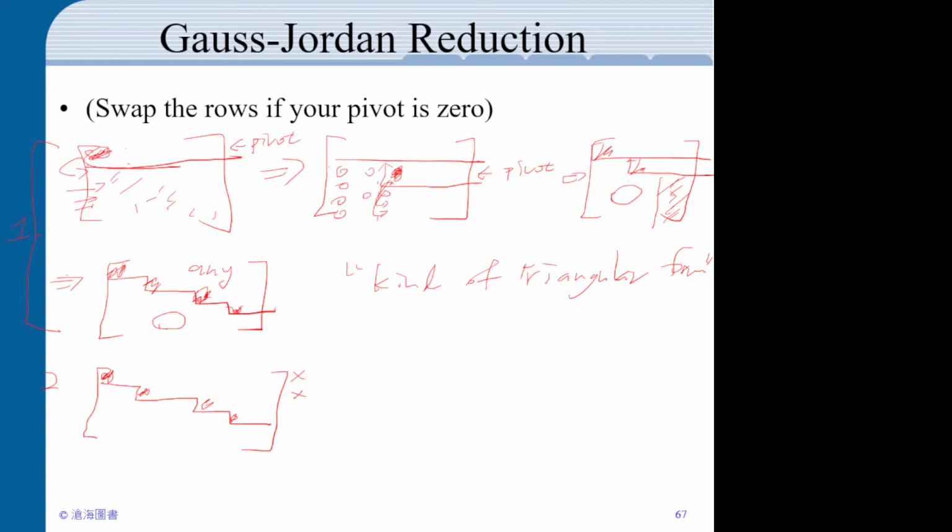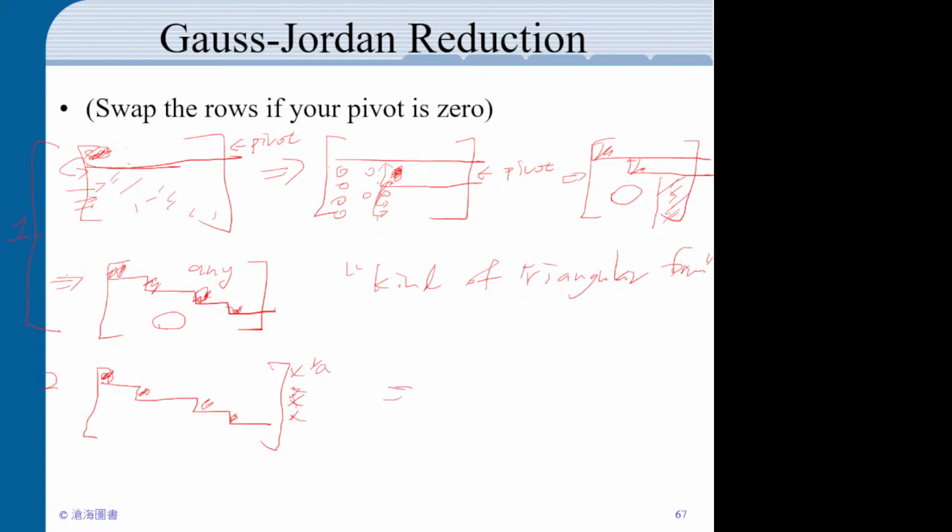Is it too small? Maybe I just write the first row. So I want to multiply the first row by 1 over something, and each row do the same thing.